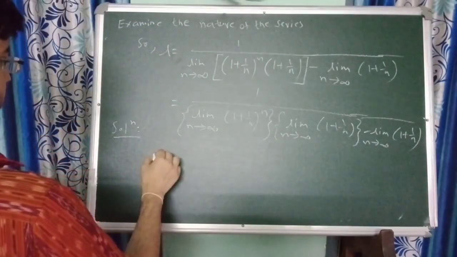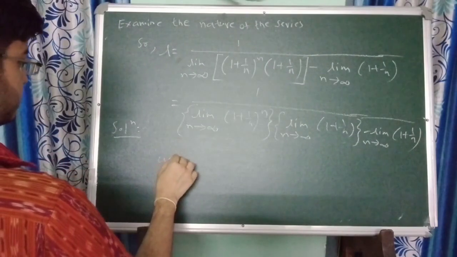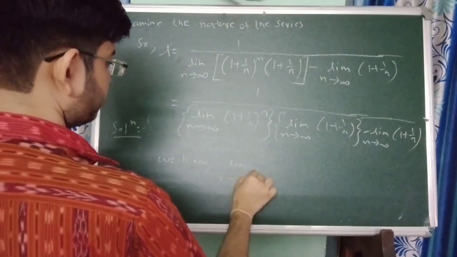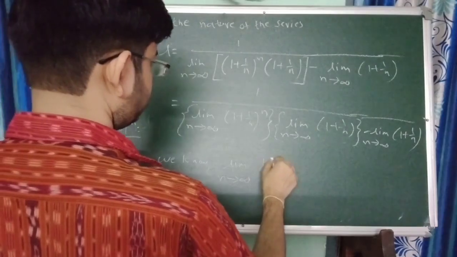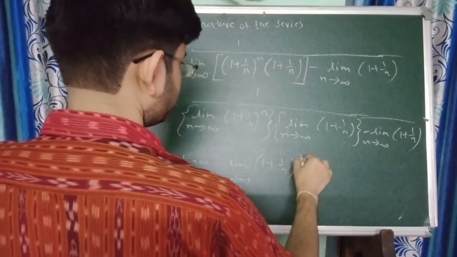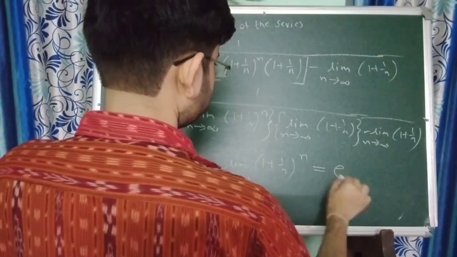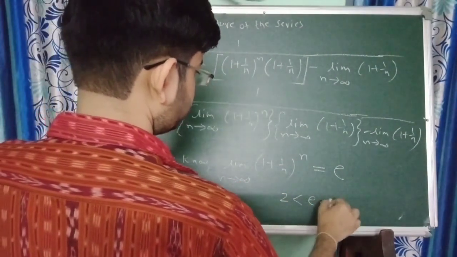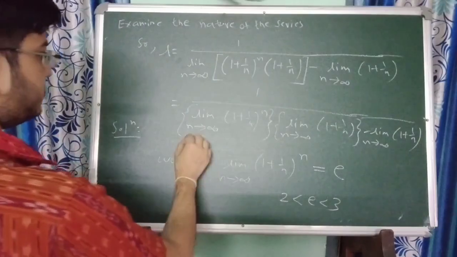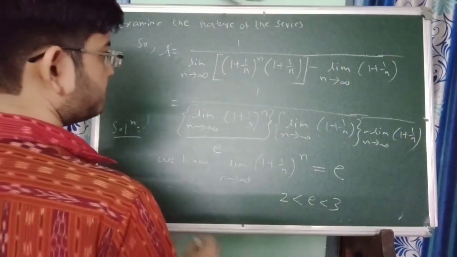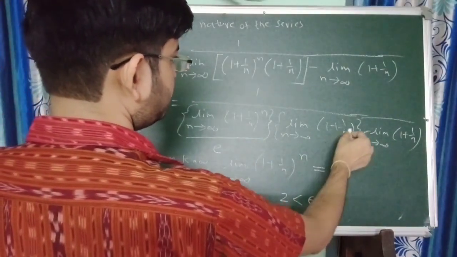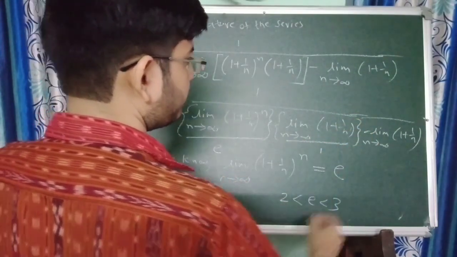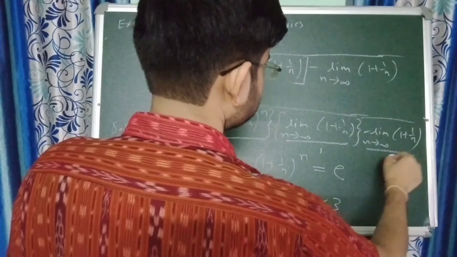Now we know that here we use the result: limit n tending to infinity of (1 plus 1 by n) to the power n is e, the exponential, whose value lies between 2 and 3. So this part becomes e. If we take n tending to infinity, 1 by n goes to 0. So this part becomes 1, and also this part becomes 1.